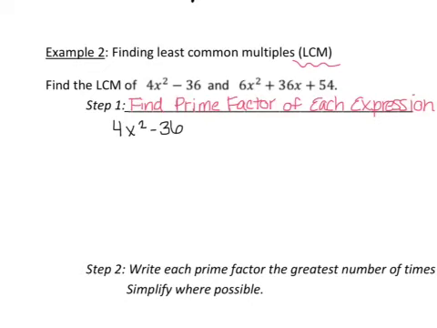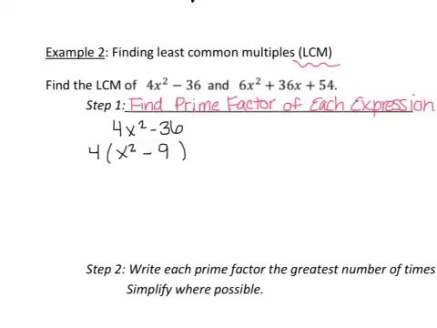Always a good question to ask first: is there something common we can pull out to the front? A 4. If we take a 4 out of 4x squared, we're left with x squared, and when we take 4 out of negative 36, we get minus 9 left.